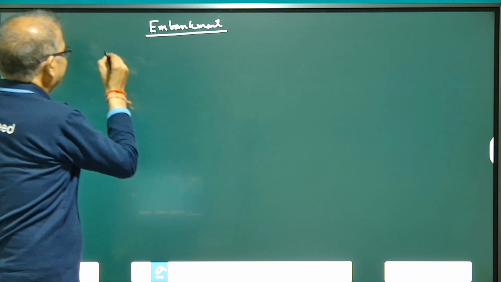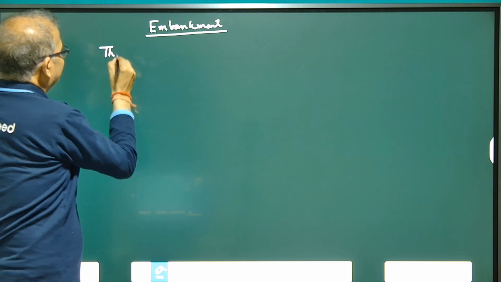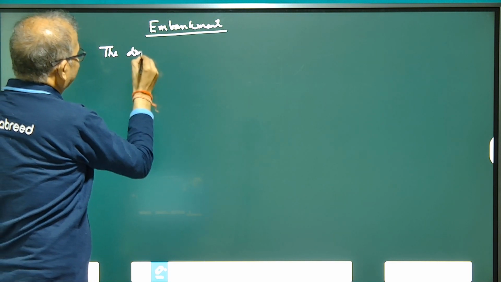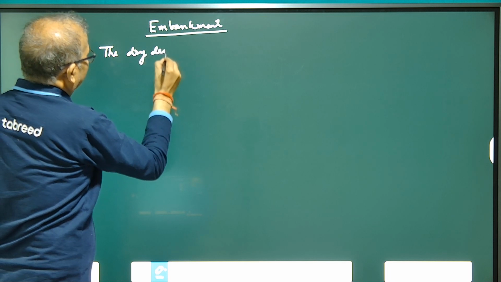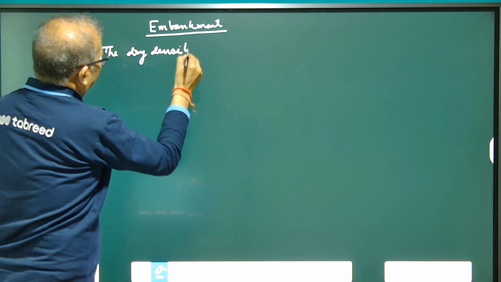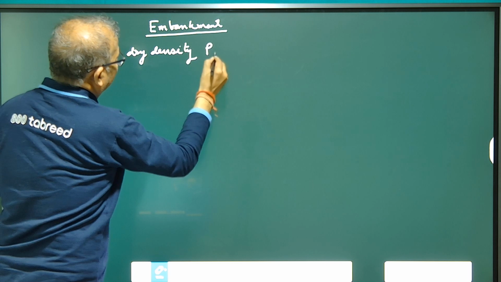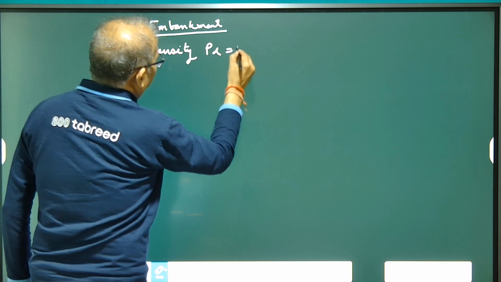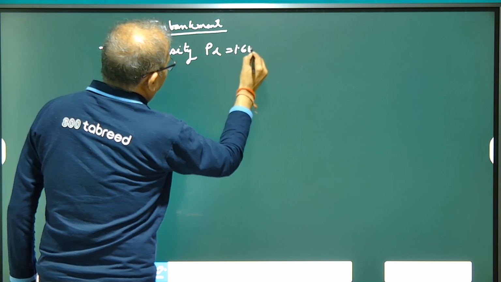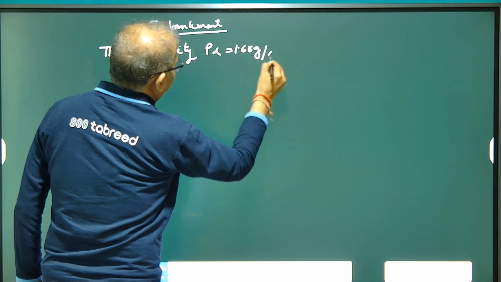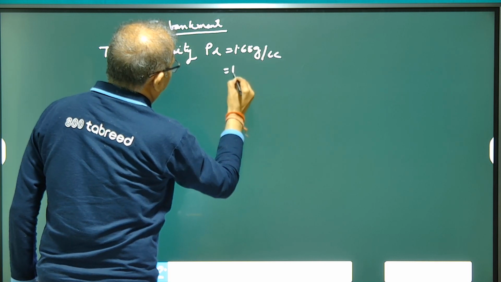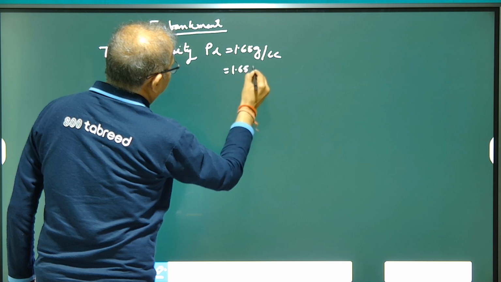The dry density of embankment soil is already given in the question. The dry density rho d is given as 1.65 gram per cc, which is nothing but 1.65 ton per meter cube.